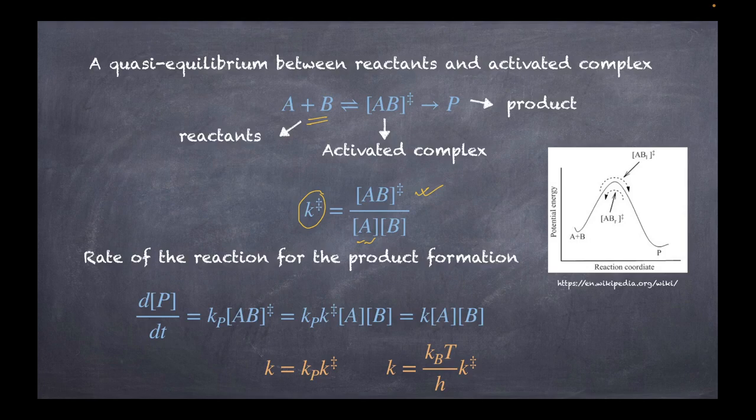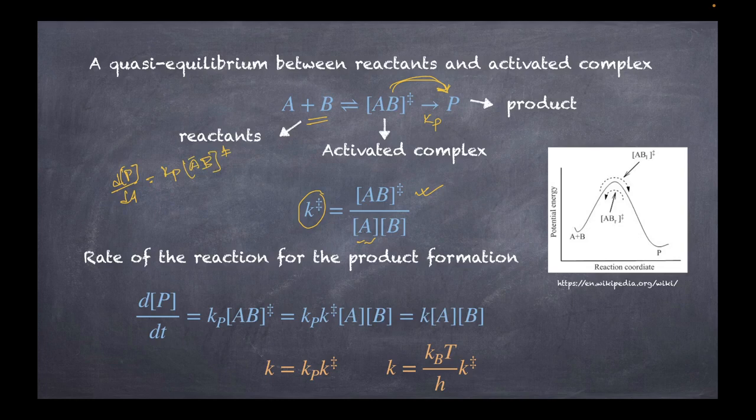Now for the rate of product formation, that means for this step from the activated complex to product formation, from chemical kinetics we can write the rate equation for this step. The rate equation will be dP/dt, the rate of formation of product P with time, equal to some rate constant, let's say Kp, times the concentration of activated complex AB double dagger.